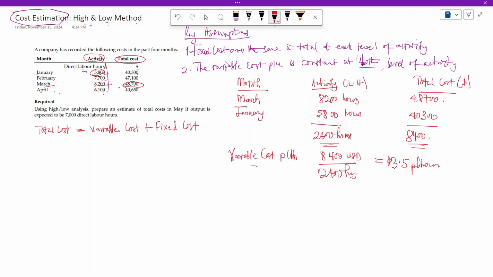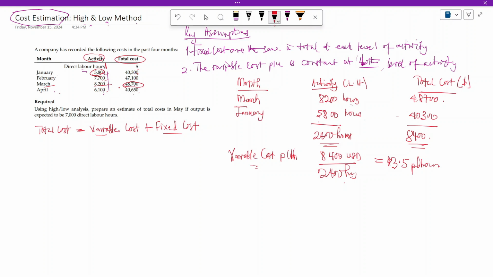So in order to estimate the total cost, we need to get the variable cost and the fixed cost. Now, in this calculation, we've been able to calculate the variable cost per hour based on the total cost and the total activity level.